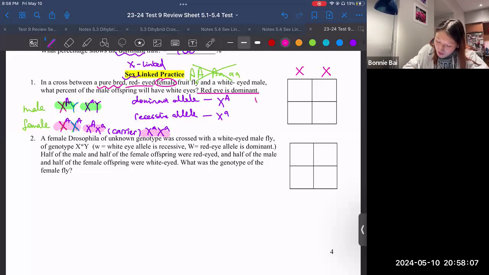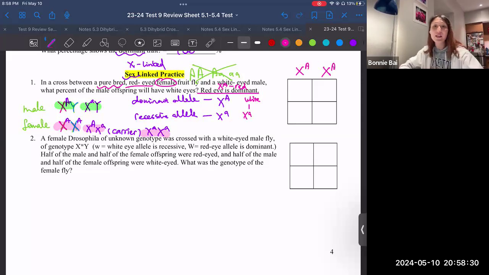So red means X big A is red. That's the dominant allele, okay? That means white eye is X little a. That's your recessive allele. So it says purebred red eye. That means homozygous red eye: X big A and another X big A.